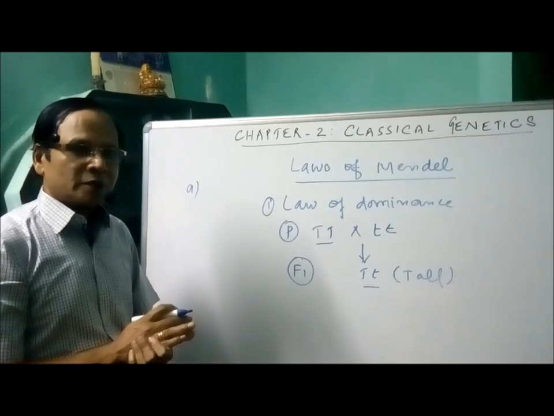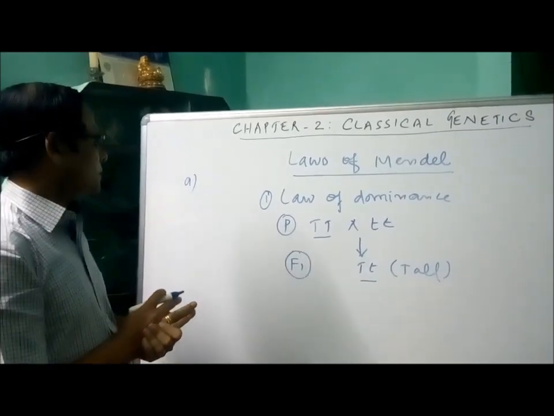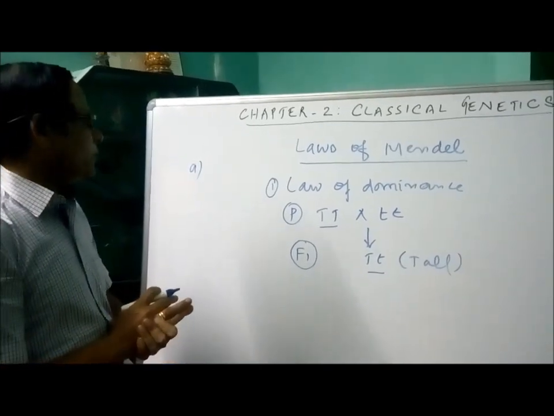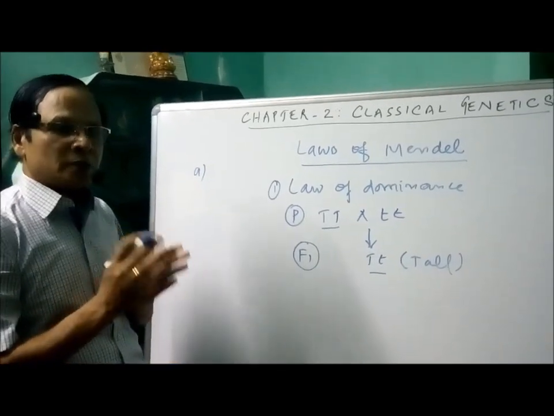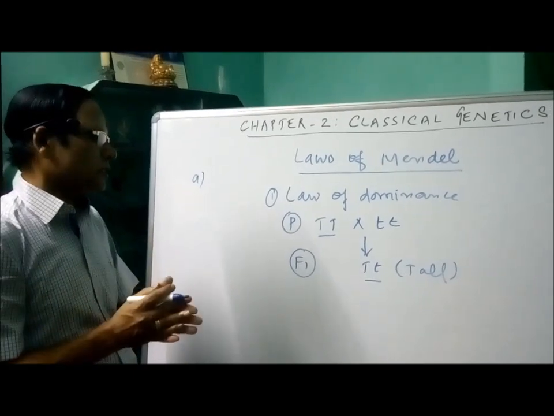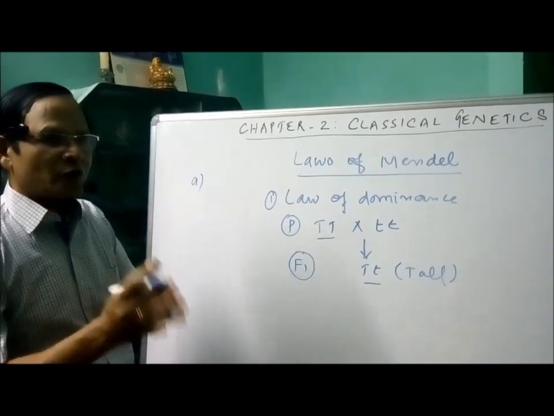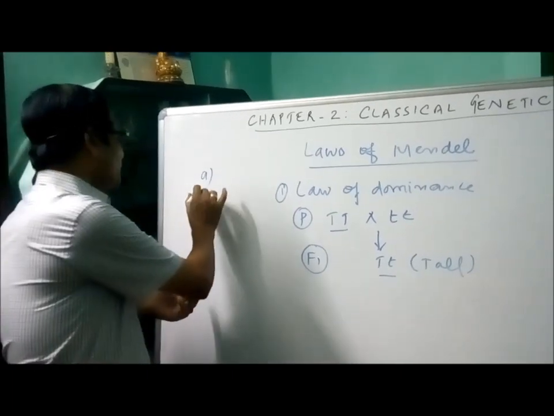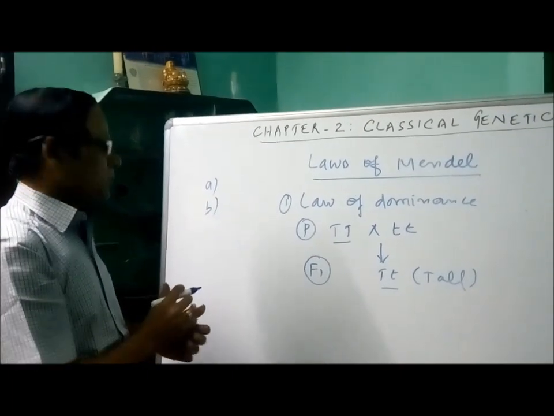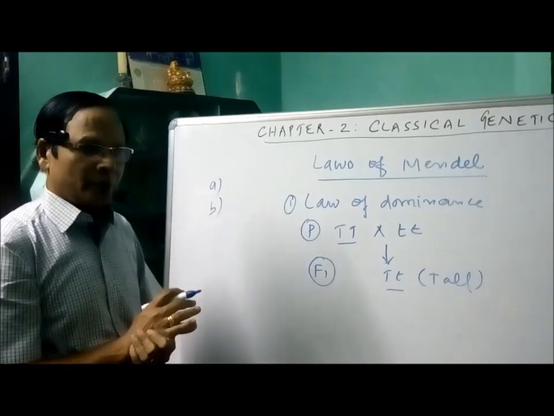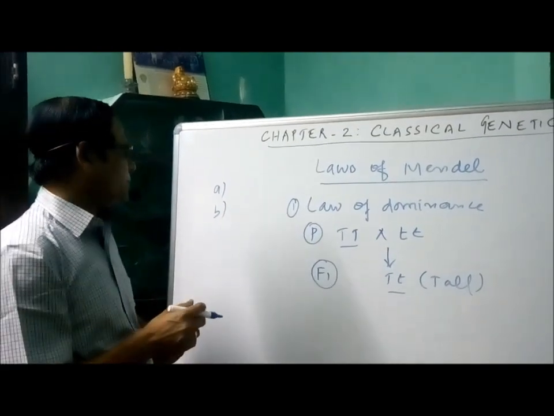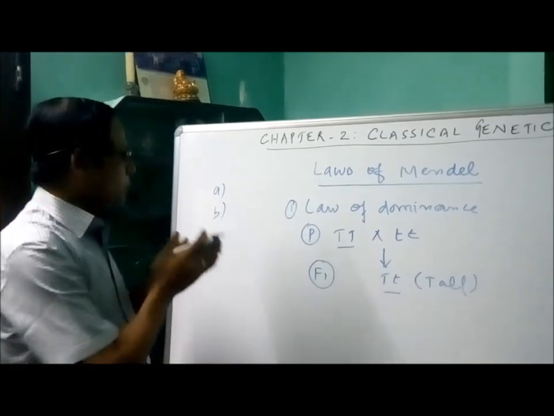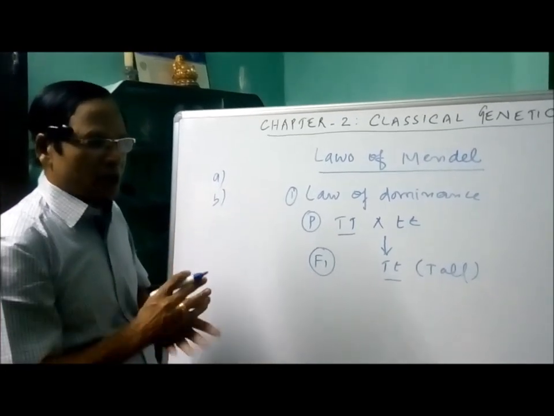Now the recessive trait appeared only in the F2 generation, whereas both the recessive and the dominant traits appeared in the F2 generation. That is the explanation given by the law of dominance. Actually, both recessive and dominant characters appear in the F2 generation.